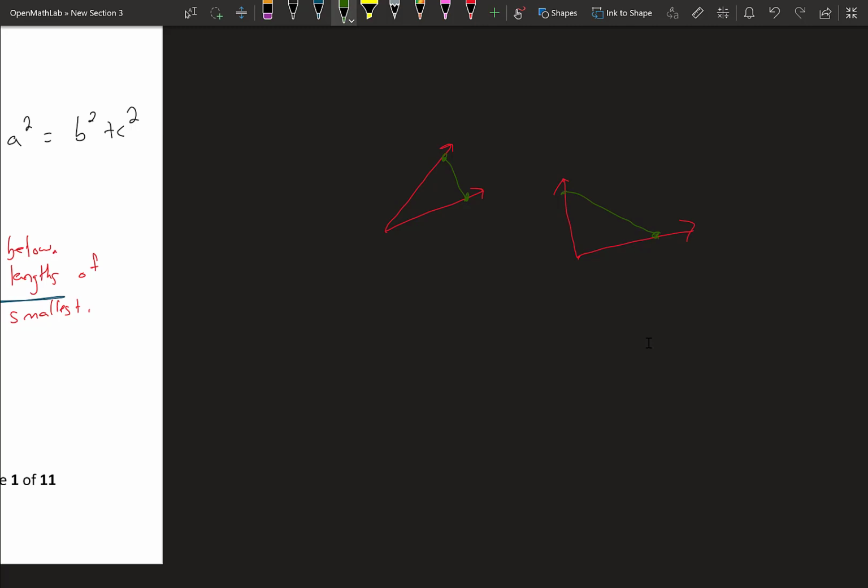Imagine I have two rays that I'm altering the angle of. You can see that if this is a smaller angle, this side length is going to be smaller, versus if I make a bigger angle in between the two rays. So the actual angle is going to impact the side length.